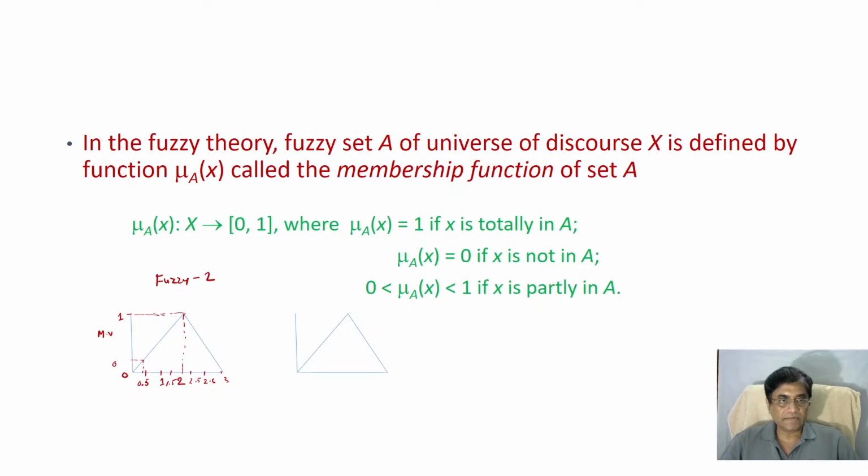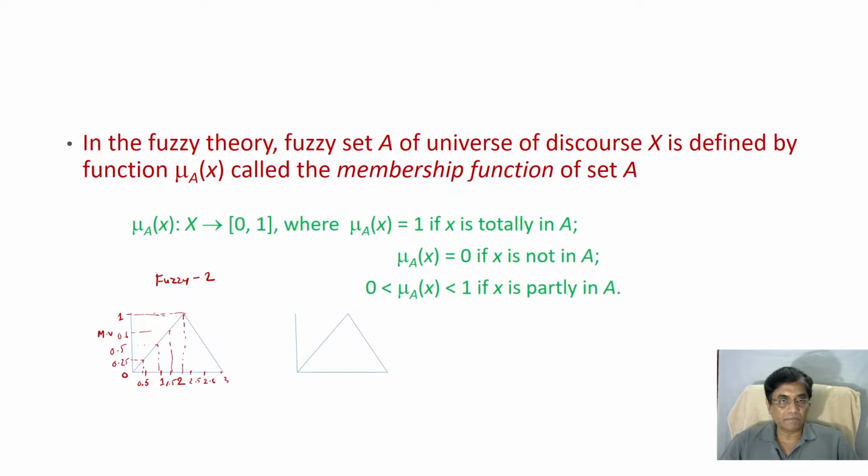Say it has membership value 0.25. It may have membership value 0.5. 1.5 may have membership value 0.6, like that. 2.5 may have a membership value.